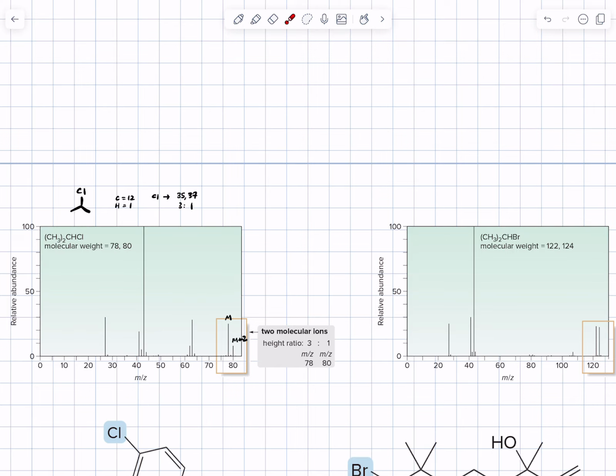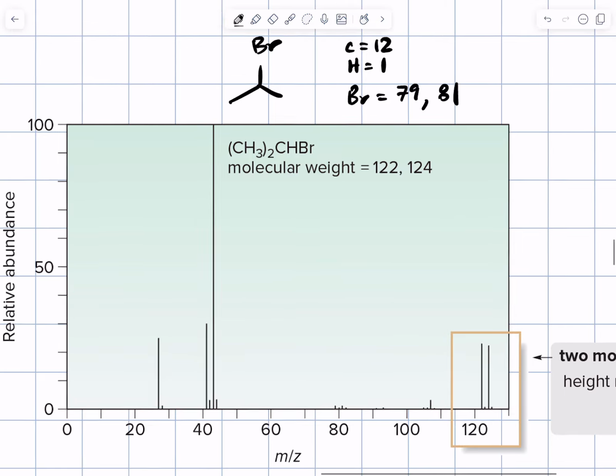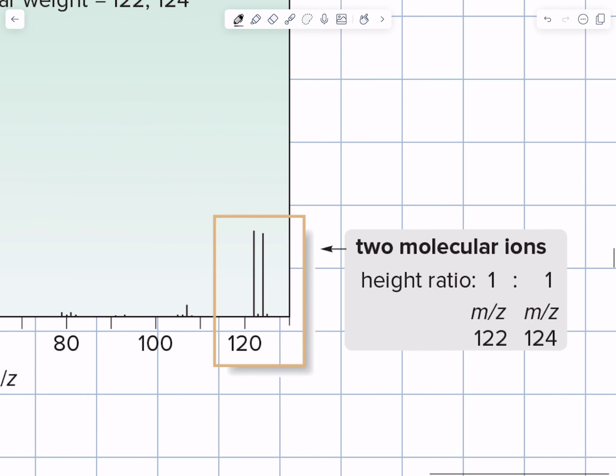Here is the related molecule, this is 2-bromopropane. Again, the predicted mass is based on the idea carbon is 12, hydrogen's 1, bromine is 50% 79 and 50% 81. You look at that molecular ion peak, you see the M peak at 122 and the M+2 peak at 124, and they're basically 1 to 1.